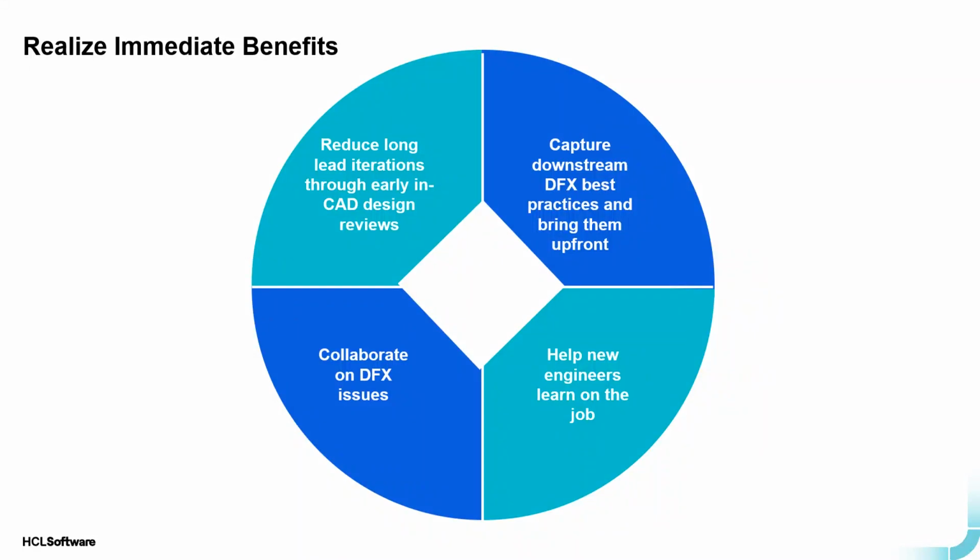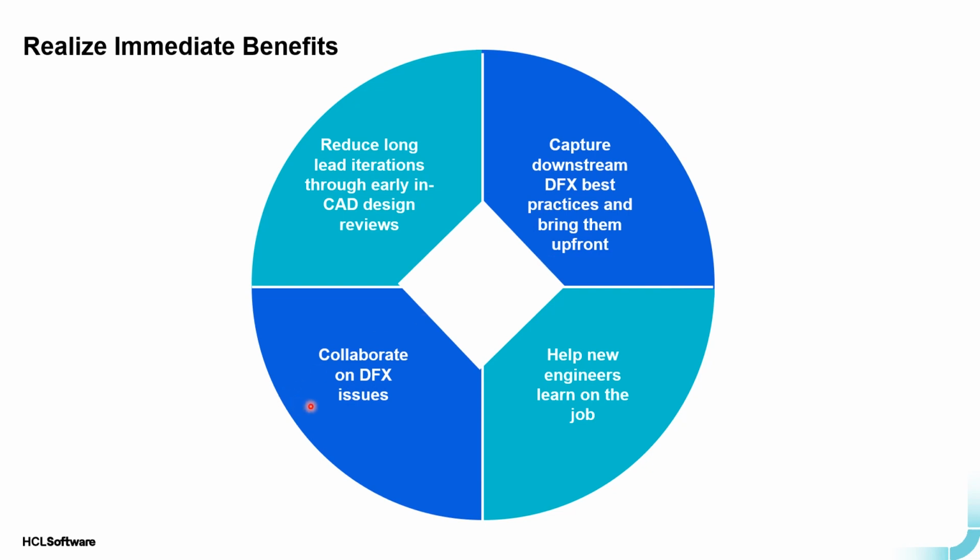Using DFMPro for CATIA V5, one can quickly review design issues during the design stage itself, thereby taking early corrective actions as and when required, thus helping reduce long lead iterations. One can capture downstream DFX best practices and make them available at the design stage, thus enabling a quality feedback loop.